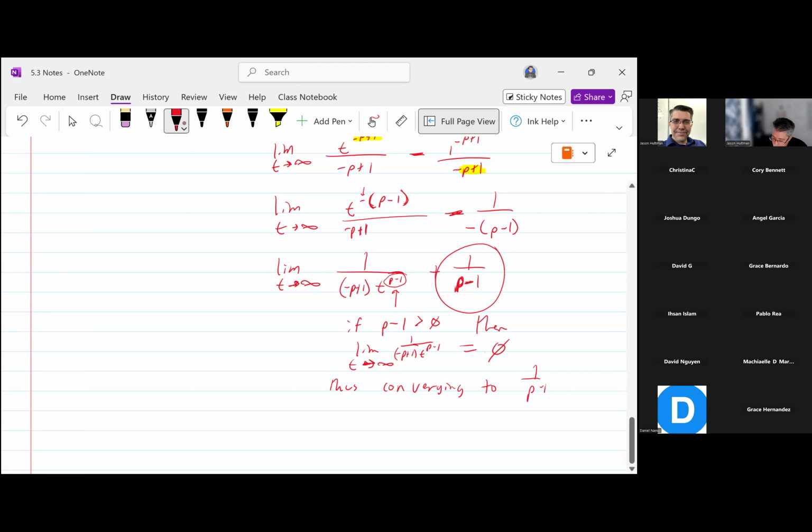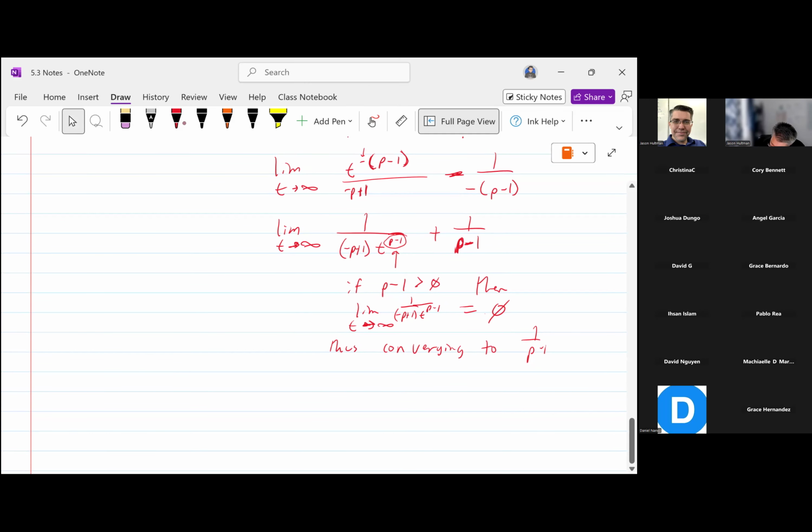And therefore the original series was convergent. That's if p minus 1 is greater than 0. Well, how do I rewrite that? p minus 1 greater than 0 is the same as p greater than 1. So if p is greater than 1, then it converges.